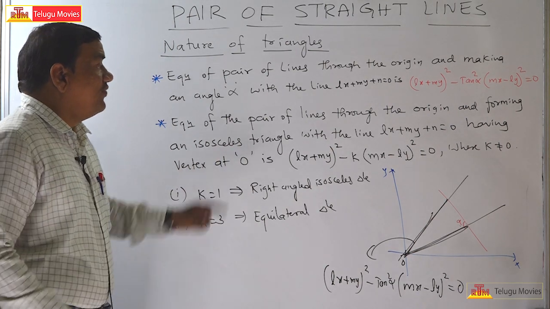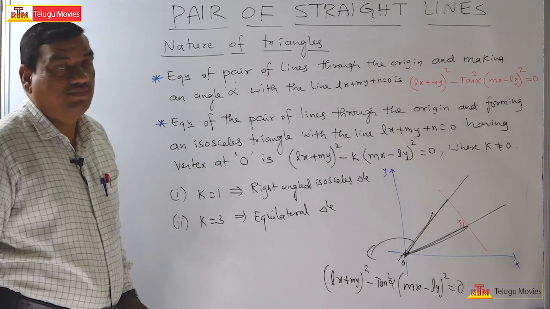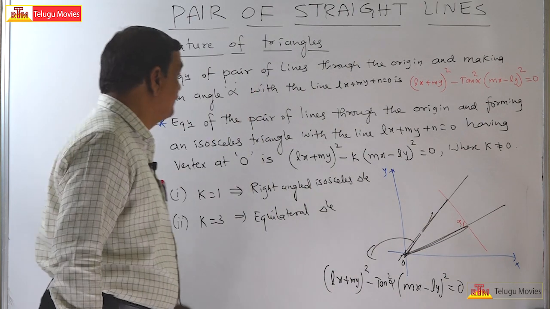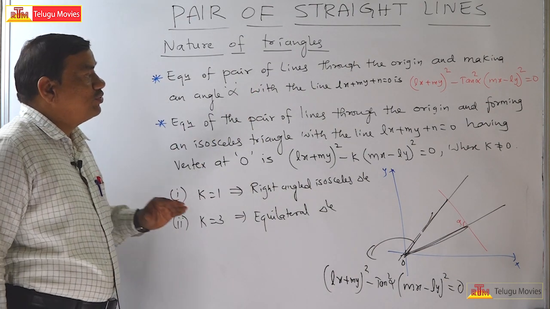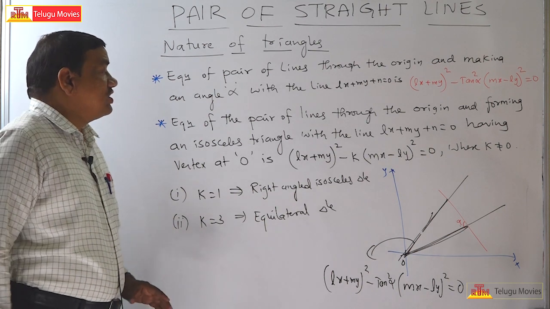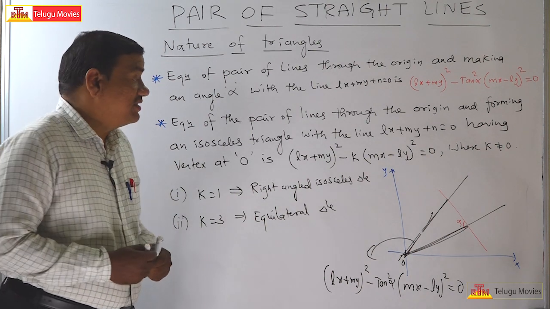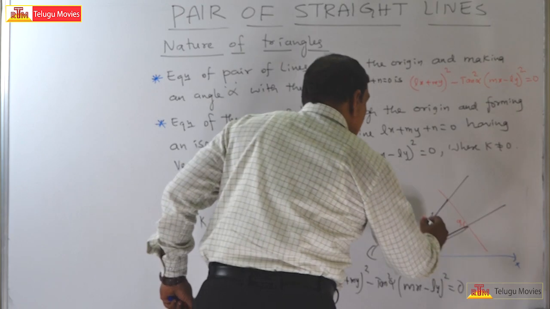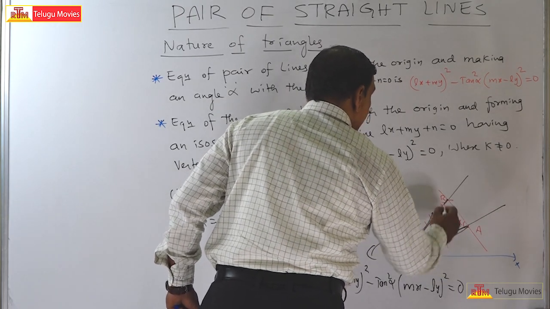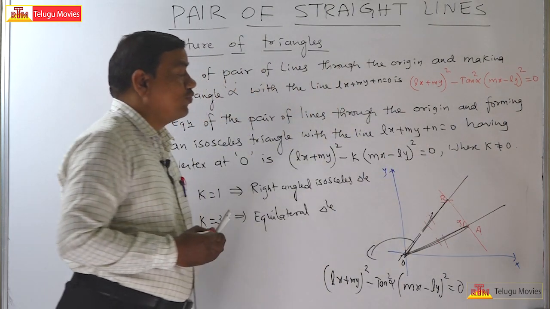If this triangle happens to be an isosceles triangle, that means two sides are equal. Call the points A and B, so OA is equal to OB.